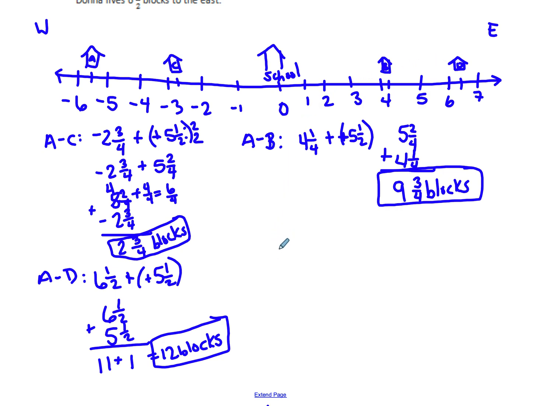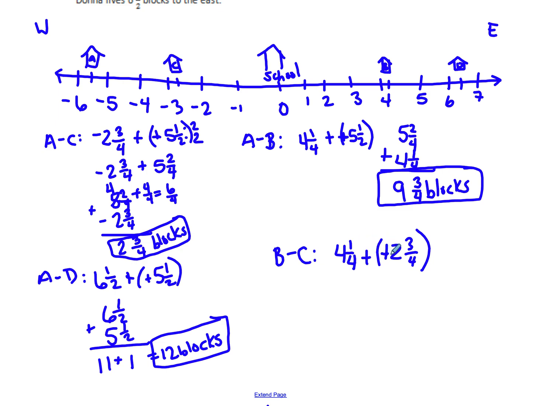All right, so let's see. The next thing I'll do is Baoying to Chris. Okay, Baoying was this 4 1/4. Chris was over here at -2 3/4. So 4 1/4 minus -2 3/4. Boom, change to addition.